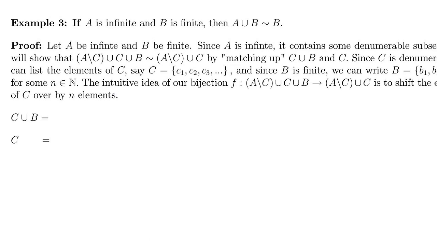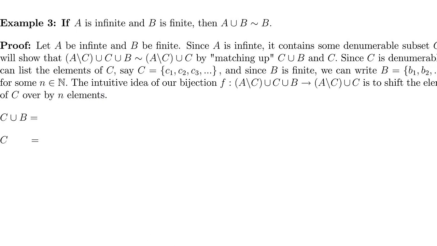Example 3 says that if A is infinite and B is a finite set, then A union B is equinumerous with A. In other words, if you take an infinite set and add on a finite number of elements, you haven't changed the size. It's not a different size of infinity.